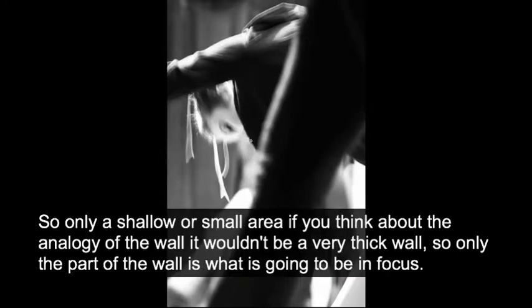So this is what would be referred to as a shallow depth of field. So only a shallow or a small area, if you think about the analogy of the wall, it wouldn't be a very thick wall. So only the part of the wall is what's going to be in focus. So that's why only this part's in focus.